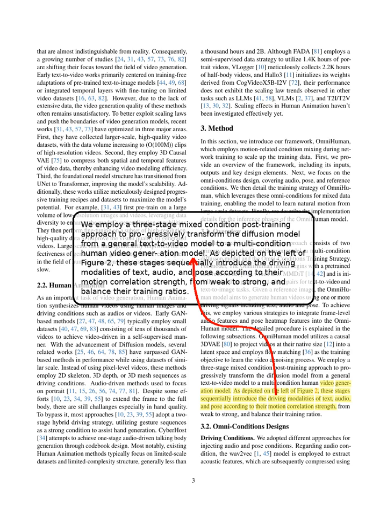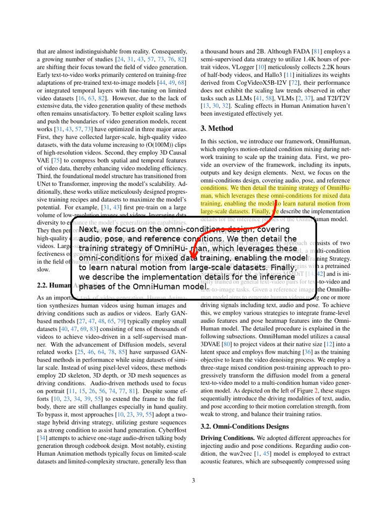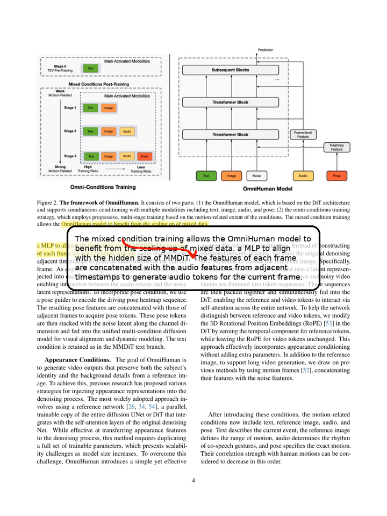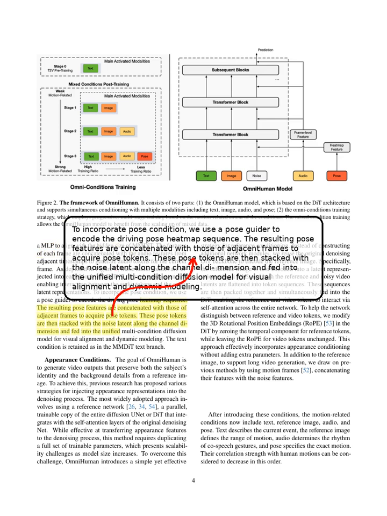OmniHuman, on the other hand, embraces the messiness of real-world data by mixing different types of input. This allows it to learn from a much larger and more diverse dataset. This ultimately results in more natural and realistic animations. Think of it like teaching someone to cook by having them watch cooking shows, read recipes, and get hands-on experience in the kitchen all at the same time.